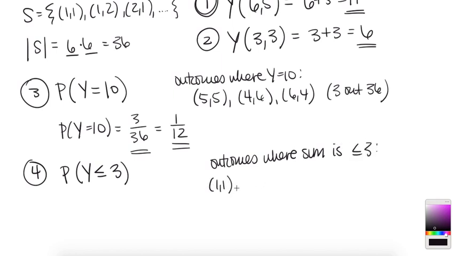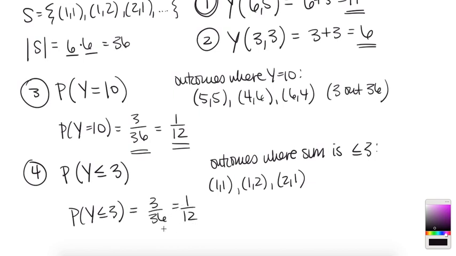So less than 3, we could have 2, and we could have where they're equal to 3. Basically this notation is a lot simpler than writing out the event where the sum of the two dice is smaller than or equal to 3. So again, that's 3 out of 36, so our probability is 3 out of 36, or 1/12.